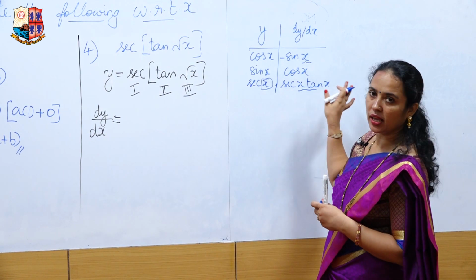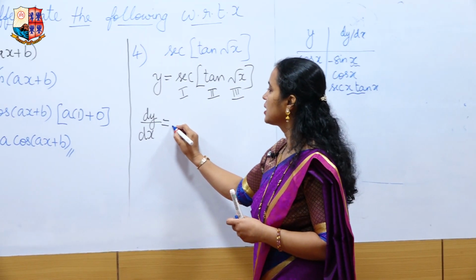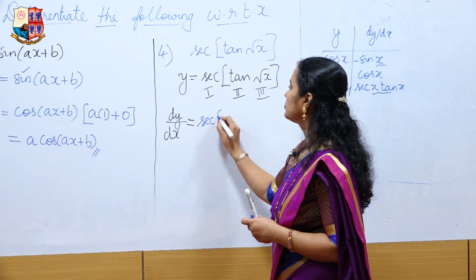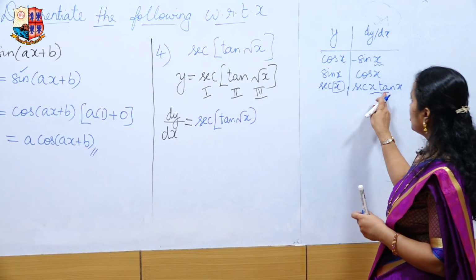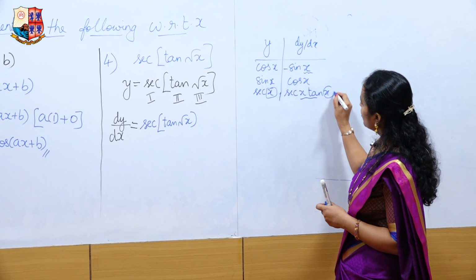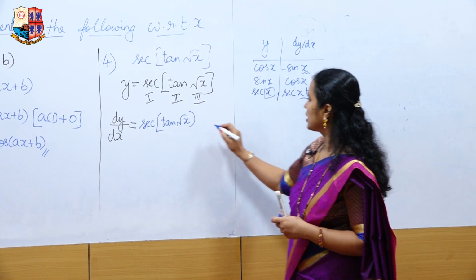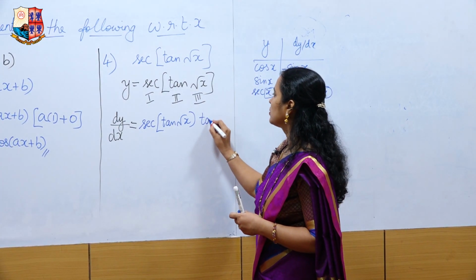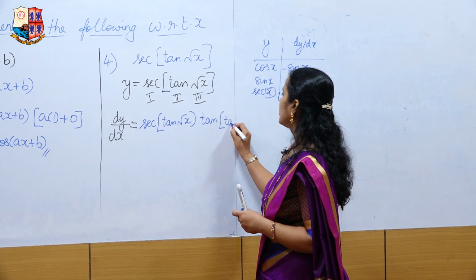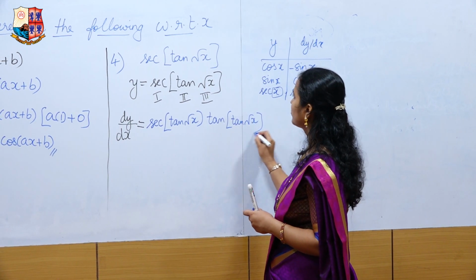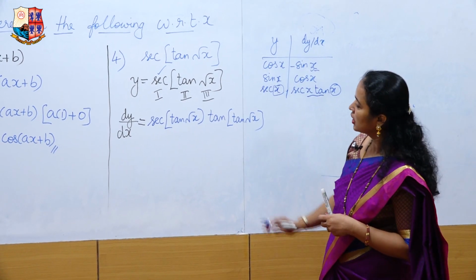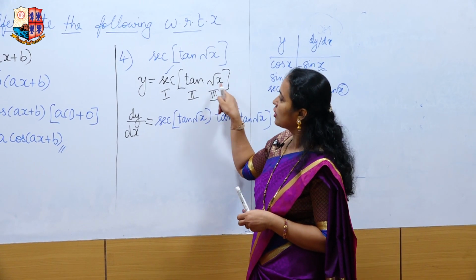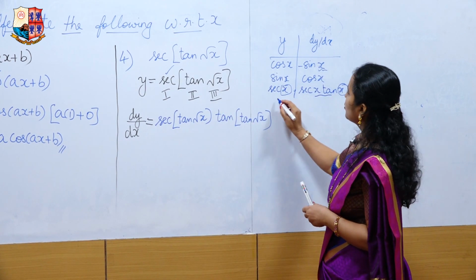You have to just write the remaining function as it is. So secant of tan root x into tan of, in the place of x write tan root x. So tan of tan root x. So we are done with secant function, differentiation of secant function. Now differentiate tan root x.